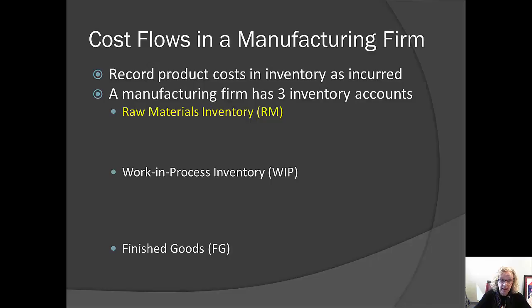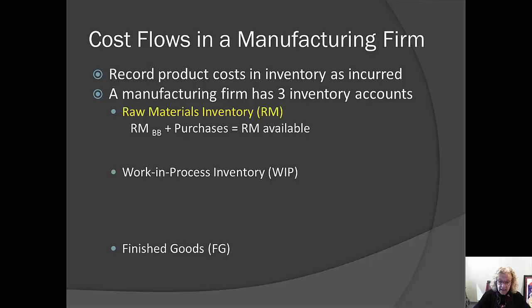In the raw materials inventory, we probably start out with a raw materials beginning balance. That represents the dollar value of all of the raw materials that we purchased before this period began.